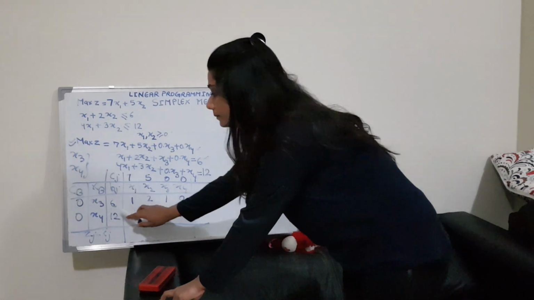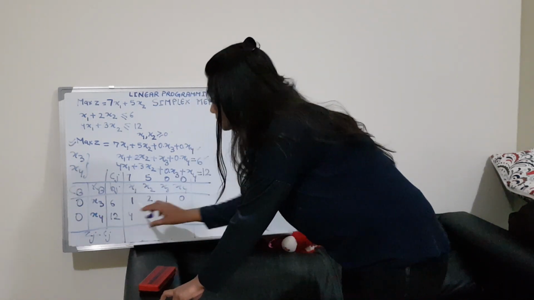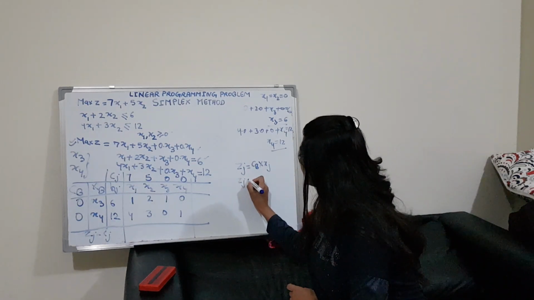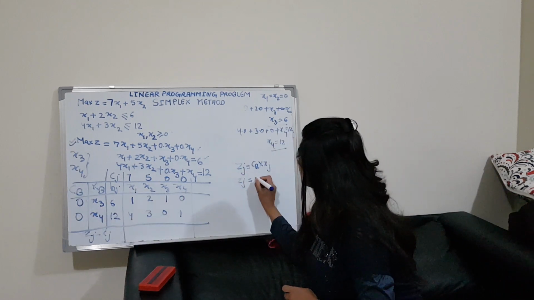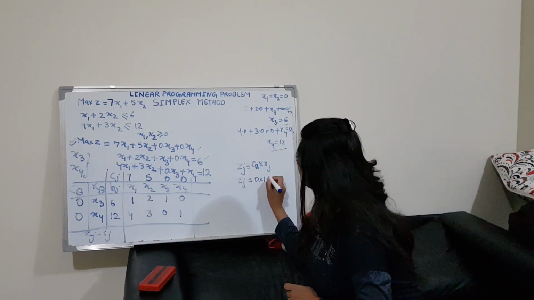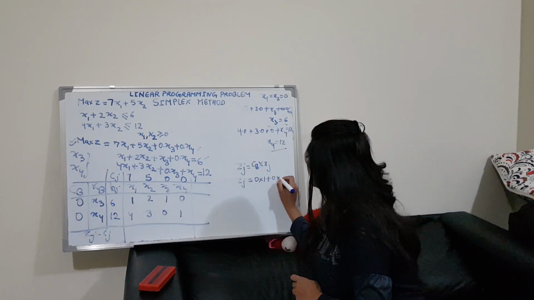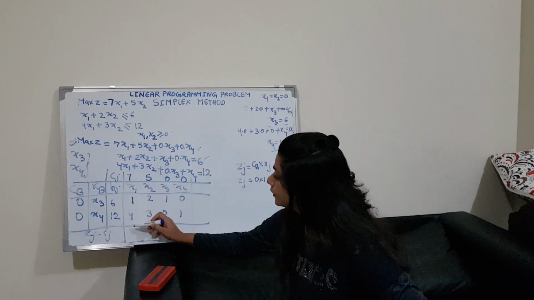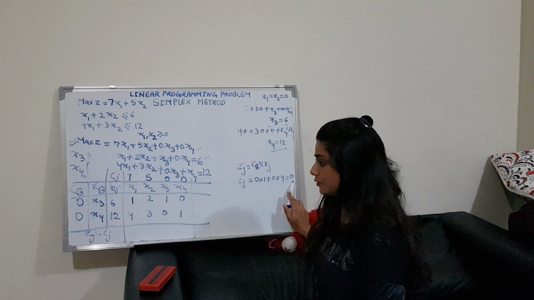For first column Cb 0 into 1 plus 0 into 4. So Zj value is equal to 0 into 1 plus 0 into 4, which is 0. So for first column Zj's value is we are getting 0.